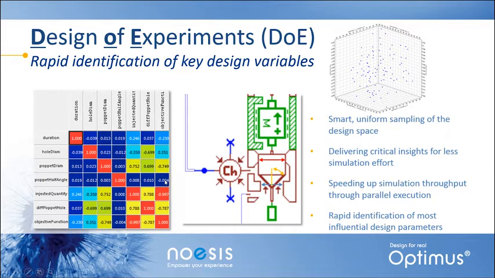The optimization problem could be reduced simply by removing the poppet half angle. Optimus allowed this user to rapidly identify the most influential design parameters, or perhaps in this case the least influential design parameter, and reduce the problem.